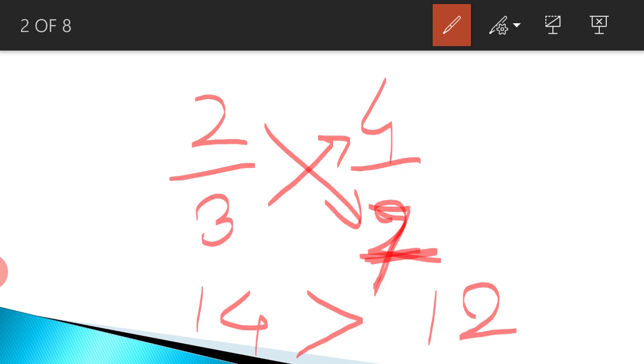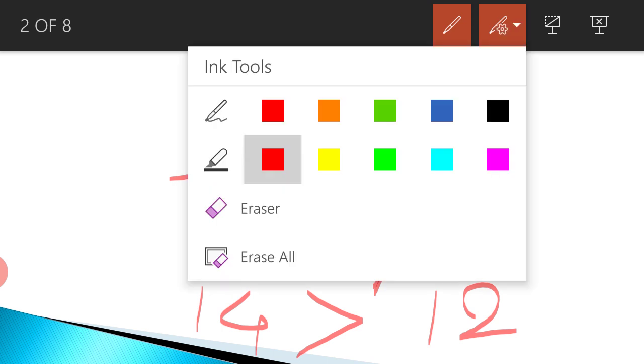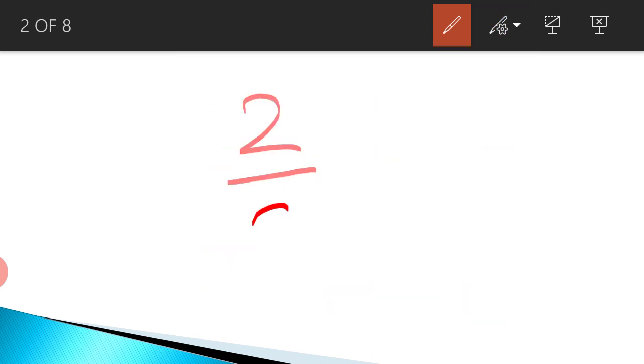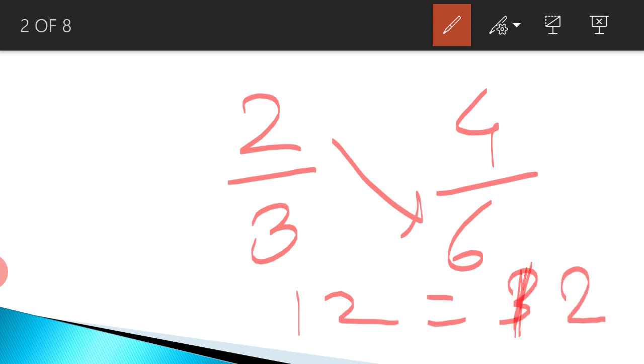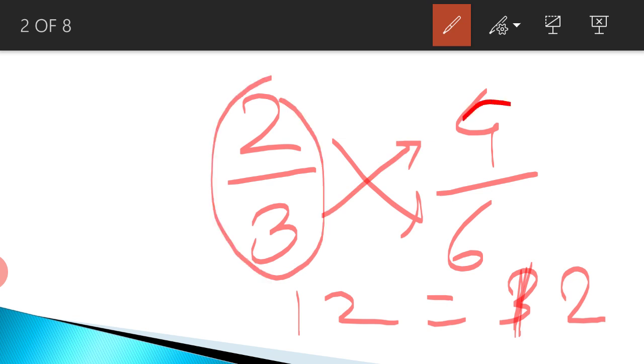So this method also you must be remembering for comparing fractions. What happens if the fractions are equal? What do you think? If it is 2 by 3 and 4 by 6, 2 6s are 12, and 3 4s are also 12, that is, the cross products are equal. So we say if cross products are equal, then the fractions are equal, that is, they are equivalent fractions.